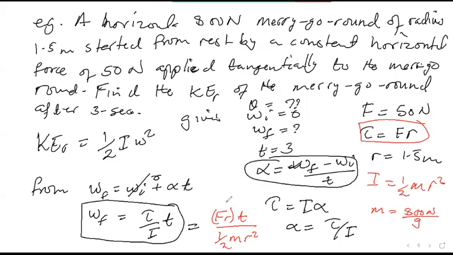And finally, this is going to give us rotational KE equal to half I omega squared, which will be equal to half multiplied by half M R squared, multiplied by omega, which we found before to be F R t over half M R squared.